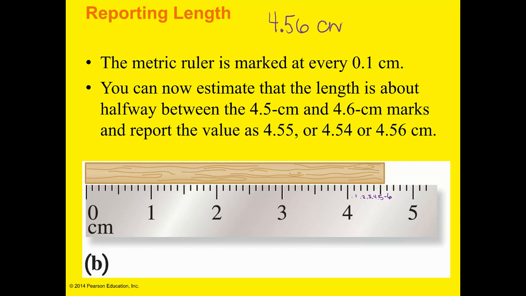Like that's what I think it looks like. But there's going to be some variation among you and me and everybody in the class. And so this is now our uncertain digit. That's our uncertainty. And notice what happened. Our uncertainty is in the hundredths place. It's further out.